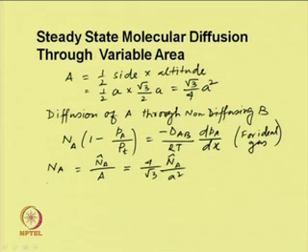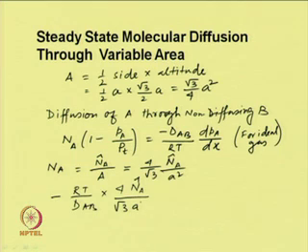If we substitute this, it will be minus RT by DAB into 4 Na cap divided by root 3 A square dx equal to Pt, the total pressure, into dPA, the partial pressure of A, divided by Pt minus PA.